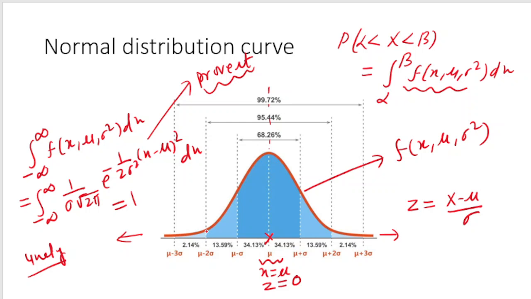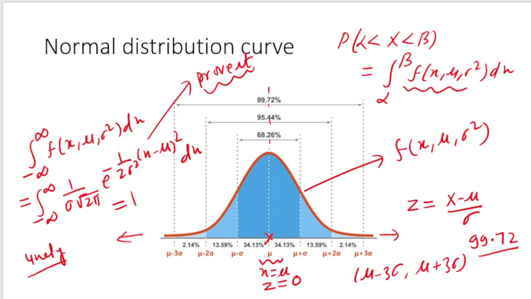Similarly, if I take the interval mu minus 2 sigma to mu plus 2 sigma, 94.44% of the area lies under this curve. And in the interval mu minus 3 sigma to mu plus 3 sigma, the total area lying under this curve is 99.72%. So what is the conclusion from this argument?